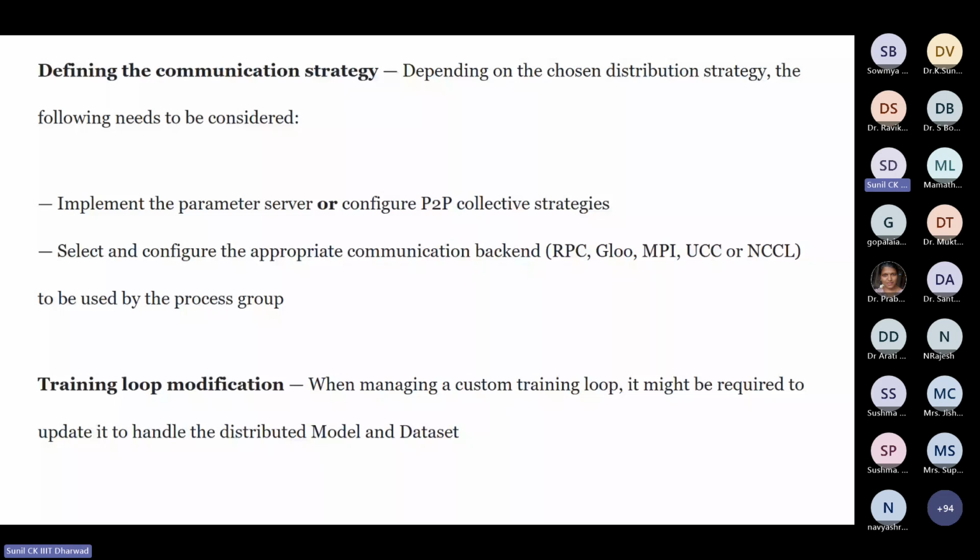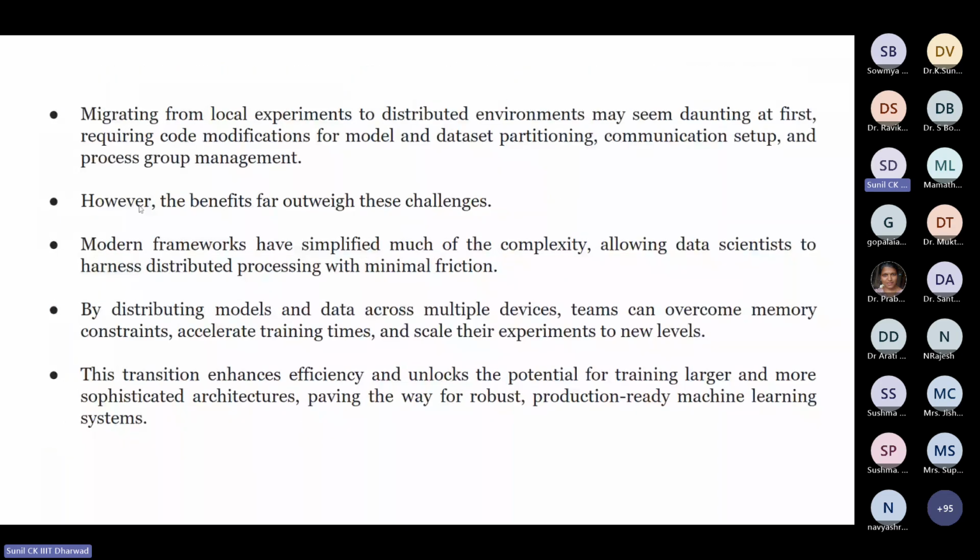So migrating from local experiments to distributed environments may seem daunting at first, requiring code modifications for model and data set partitioning, communication setup, and process group management. These are the primary tasks you will have to look for.